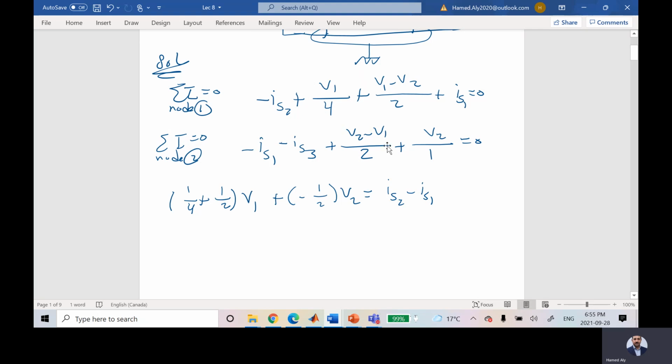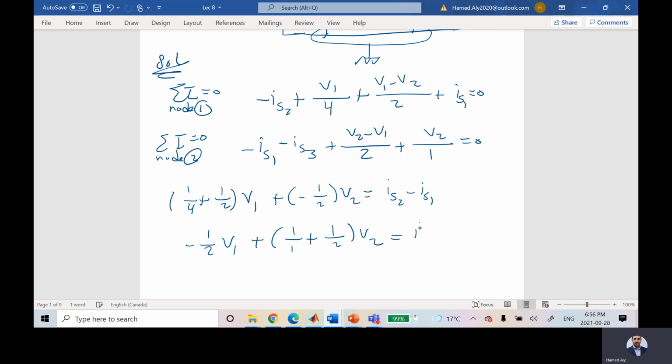And if I try to rearrange this equation, like what I did here, I will have negative 1 over 2 multiplied by V1 plus 1 over 2 multiplied by V2 plus 1 over 1 multiplied by V2. So if I try to rewrite that, I'll have negative half multiplied by V1 plus (1 over 1 plus 1 over 2) multiplied by V2, and I will move those to the other side.